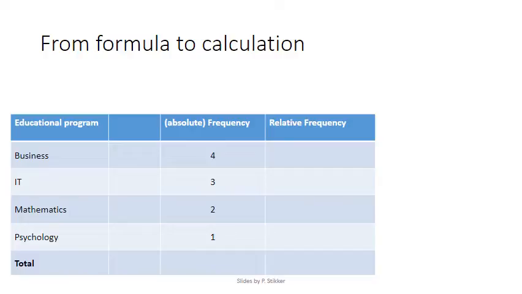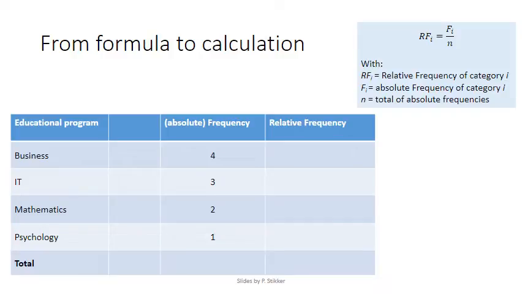So let's try to reverse engineer, so that we can see, if we are given the formula, how we can actually use it to calculate relative frequencies. We're using the table below as an example, where we can see, for example, that 4 students are doing a business program. Now, the first thing we need is the formula itself, which was given as follows. And as you can see, there are i's in it, so we'll be needing the index.